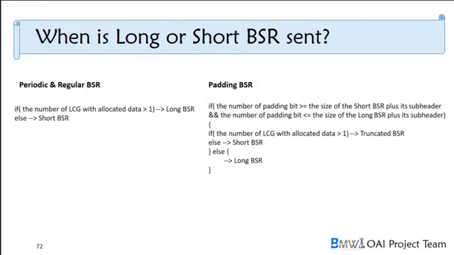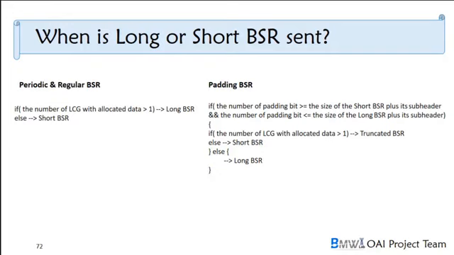Okay, like this code. This is for the periodic and regular BSR in the left part, and for the padding in the right part. So this is when we need to transmit a long and short BSR. If the number of logical channel groups with allocated data is more than 1, it means a long BSR.